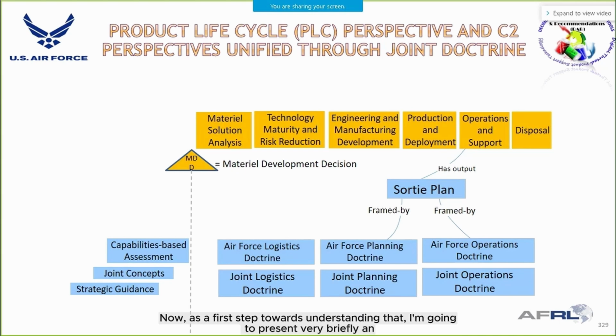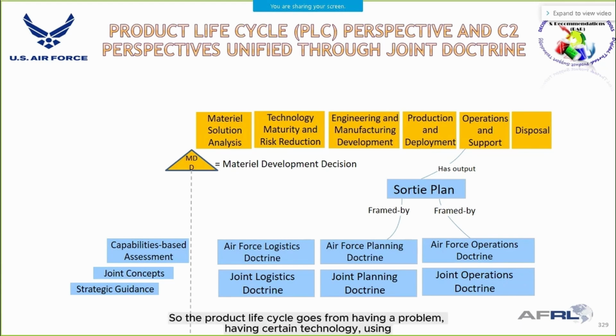Now, as a first step towards understanding that, I'm going to present very briefly an ontology that we created called the product lifecycle ontology. This will illustrate several things. First of all, it will show you how BFO works when you're trying to apply it to an engineering phenomenon. And secondly, it will show you where systems appear in the product lifecycle.